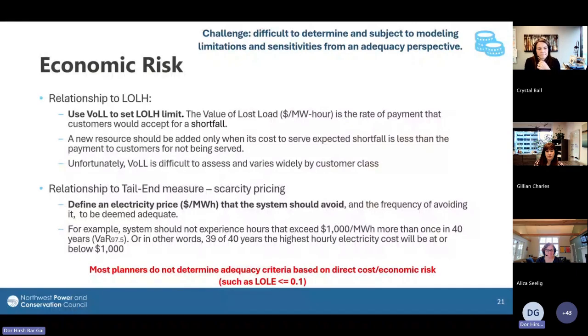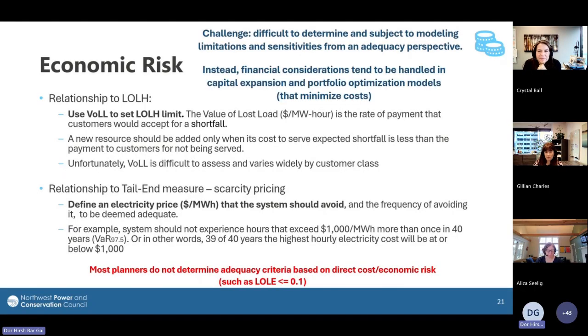And what most planners do is decide on metrics and thresholds from a disconnected or an indirect application to cost. So I mentioned before, LOLE, LOLEV, LOLP, they have no direct cost dimension to them. It's not the end of the world, because what planners do, that was funny to say those two words together, but what planners end up doing is they don't ignore economic risk.